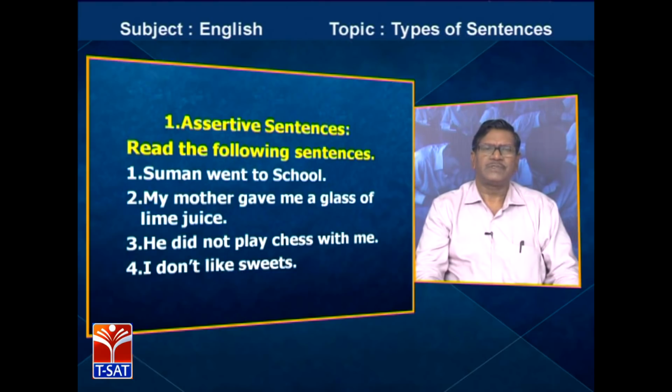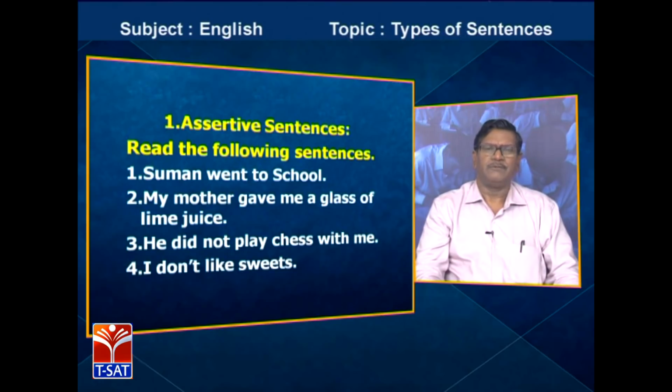In the first 2 sentences, there is something told, asserting. Someone went to school. So, it is a declaration that he has gone to school. Someone went to school. Who went to school? Someone. Similarly, second sentence.